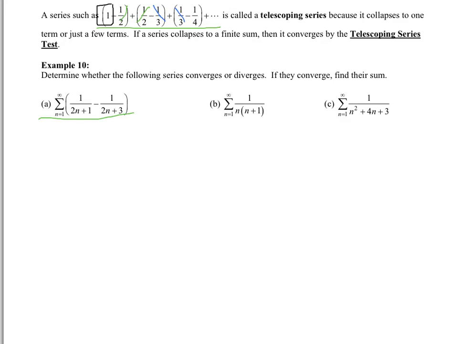When we write out some of the terms to see what this series looks like, we suspect it might be a telescoping series, so we would go ahead and write out some terms. When n is 1, this first term we would end up with 1 over 3 minus 1 over 5.